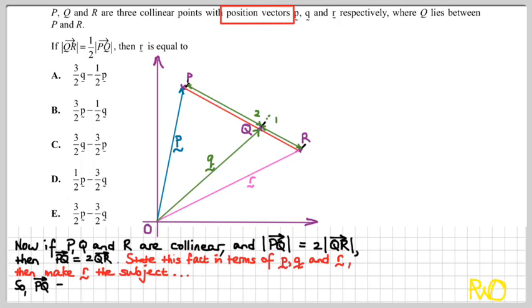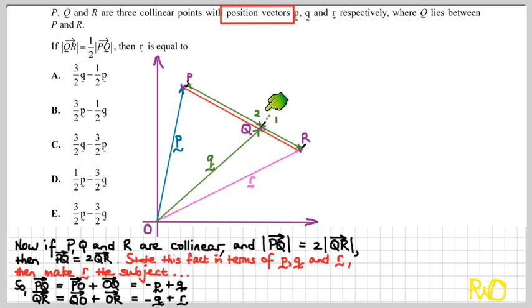So here we go. PQ is equal to PO plus OQ, which would be that. Do you follow it along? That's minus P plus Q, isn't it? Similarly, QR is equal to QO plus OR, which would be minus Q plus R, wouldn't it?